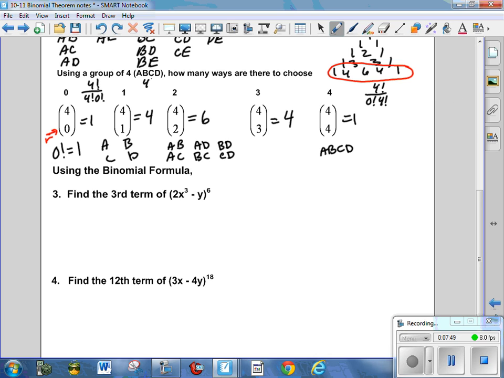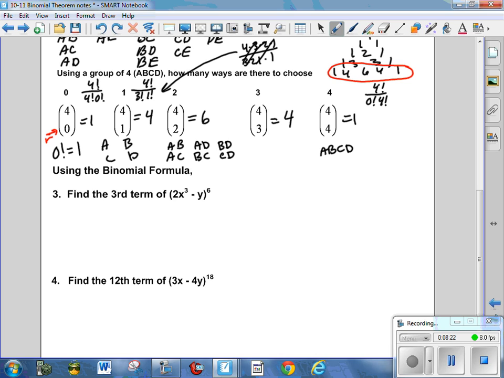Let's go back to 1. 4 factorial over 4 minus 1 factorial, which is 3 factorial, and 1 factorial. Well, if I do 4 times 3 times 2 times 1 in the numerator, and 3 times 2 times 1 in the denominator, everything cancels out except the 4. So let's see if I can find a little corner to write that. 4 times 3 times 2 times 1 over 3 times 2 times 1 times 1. All of that cancels out, and I just get 4.